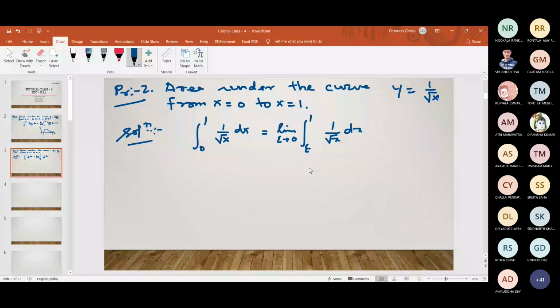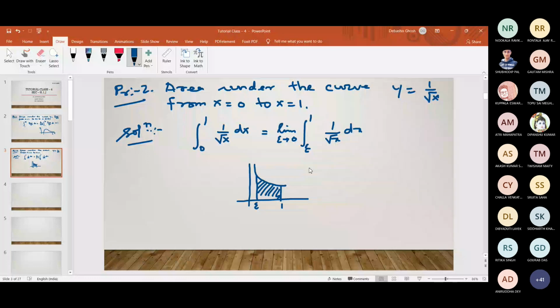At the point 0, the function is not defined. So we take some value epsilon, which is very close to 0 and between 0 and 1. Then the area will be something like this, and we take epsilon tends to 0. If that area is finite, then we can say the integral converges, and this value will come to 2.